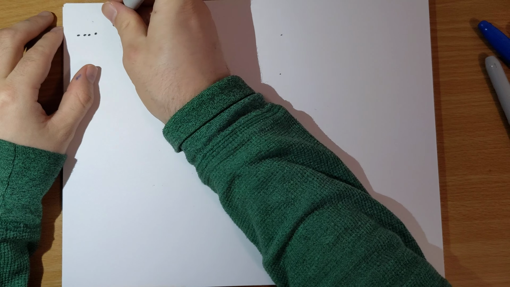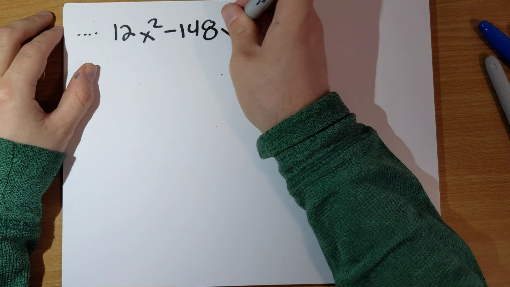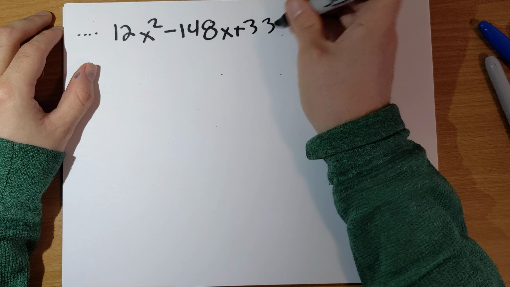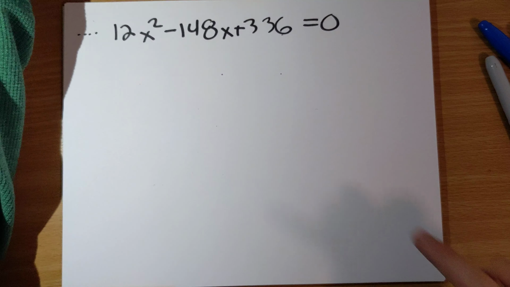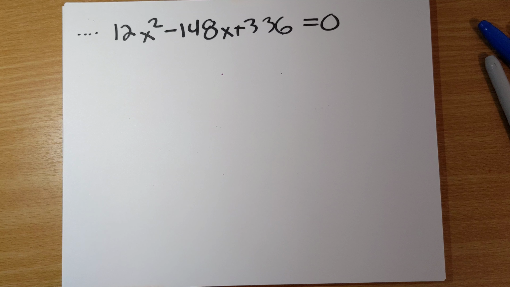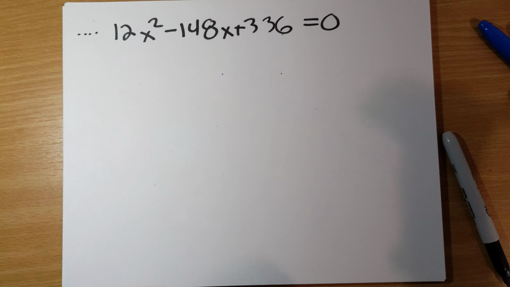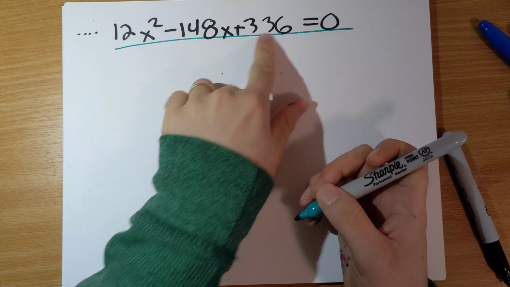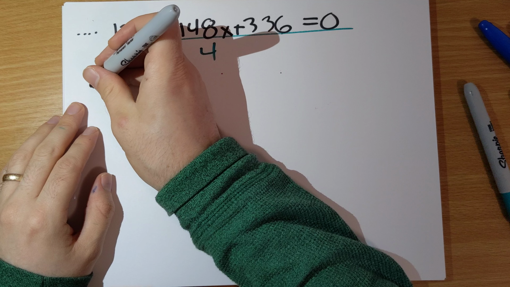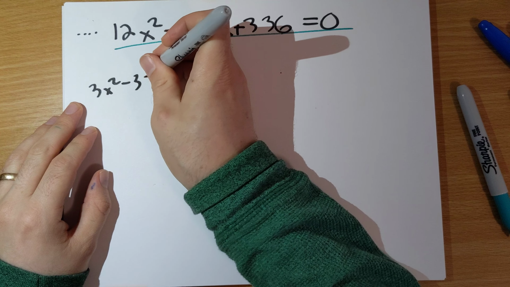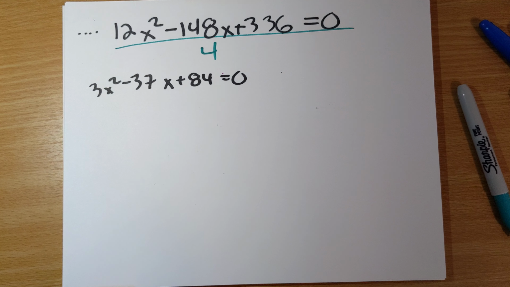So at the end of the day, you should end up with 12x squared minus 148x plus 336 is equal to 0. So you expand this out, this is what you should be left with. One easy thing is that all of these terms are divisible by 4. So let's divide by 4 on both sides. And so we'd have 3x squared minus 37x plus 84 is equal to 0.